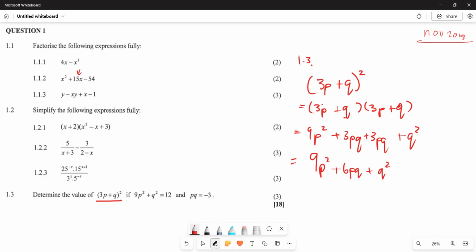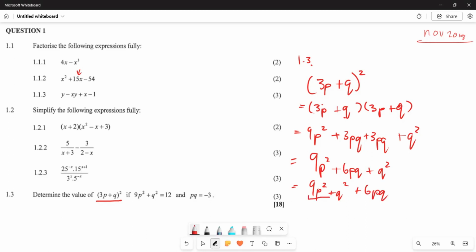And now from here, what is it that you're going to do? Look, they gave you that 9p squared plus q squared is going to give you 12. So basically, if we rearrange this, say 9p squared plus q squared plus 6pq, it's still one and the same thing, right?